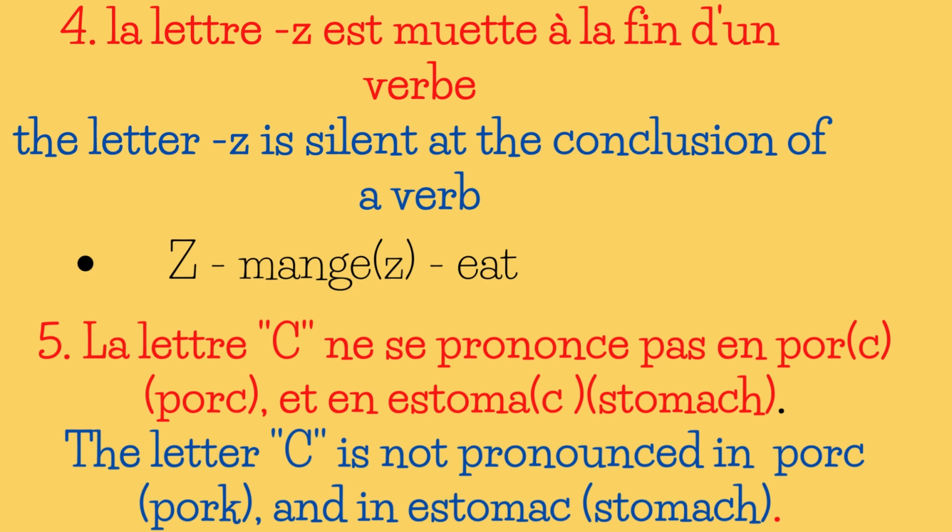So when I pronounce these two words, porc and estomac, you can hear that I don't pronounce the letter C. We don't pronounce it as porc-k and estomac-k. We pronounce it as por, estoma, because C is a silent letter according to the French language.